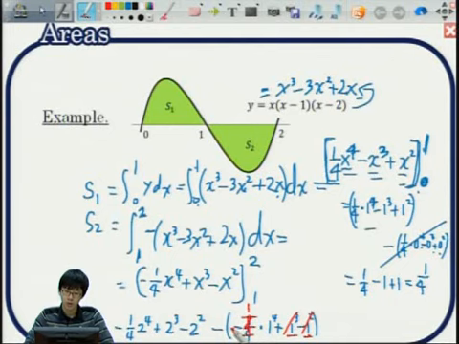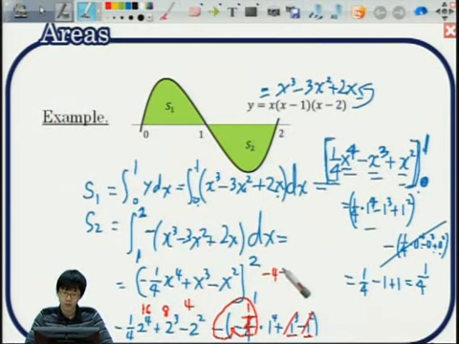Just 1 over 4 is left with 2 minuses, so the final answer will be here 1 over 4, and this is 16, and this is 8, and this is 4, which means 1 over 4 times 16 is 4, right? So minus 4 plus 8 minus 4, and this is plus 1 over 4.